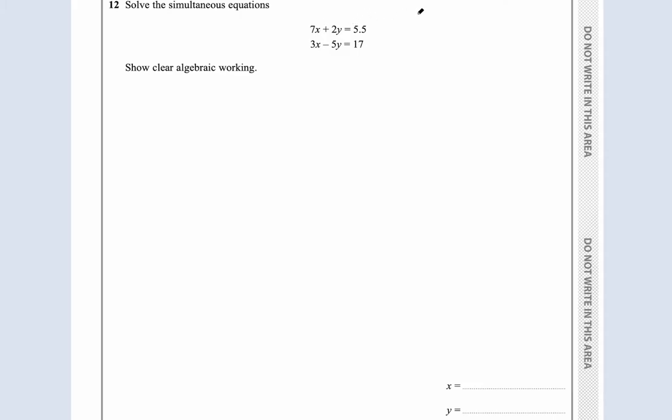I think make the y's the same, and the way to do it is multiply the top one by 5 and the bottom one by 2. If I do that, I'll get 10y here and 10y there, hence they're the same. But I gotta multiply everything by 5. So 7 times 5 is 35x. This is my 10y.